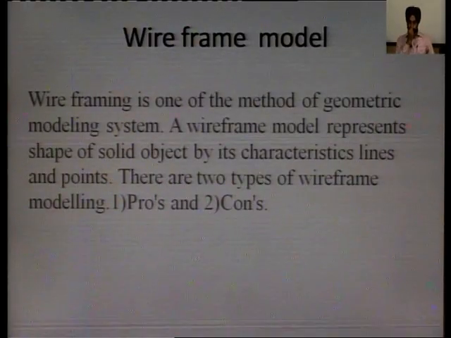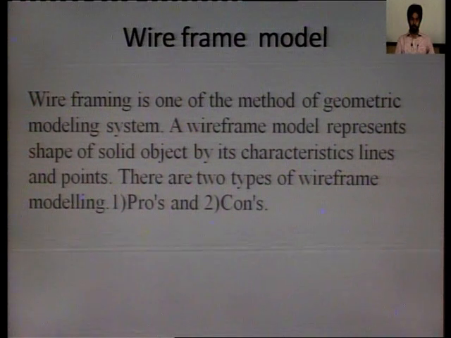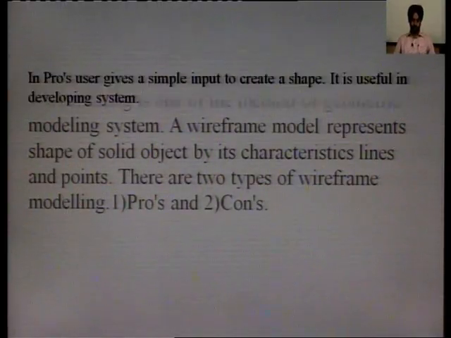So, next is wireframe model. Wireframing is one of the methods of a geometric modeling system. A wireframe model represents the shape of a solid object by its characteristic lines and points. There are two aspects of wireframe modeling, pros and cons.